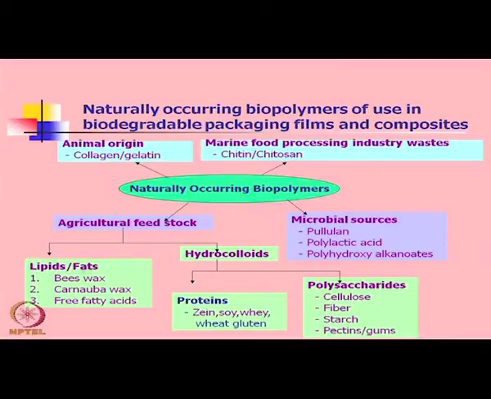Under lipids and fats we see beeswax, carnauba wax or free fatty acids, or proteins casein, soy, whey, wheat gluten, these can be also obtained from agricultural feedstock, as well as polysaccharides, cellulose, fiber, starch, pectins, gums.